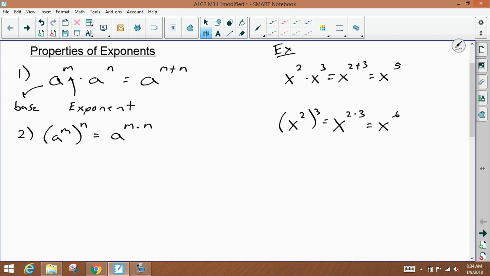Property number 3 says that if I had some a times b to the m power, that's going to be the same thing as a to the m times b to the m. So in other words, I'm taking that exponent and I'm raising everything in the parentheses to that exponent.